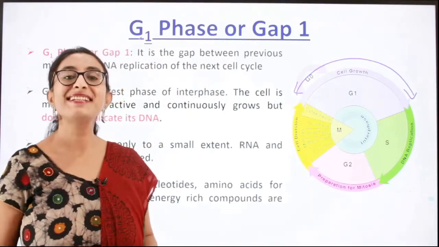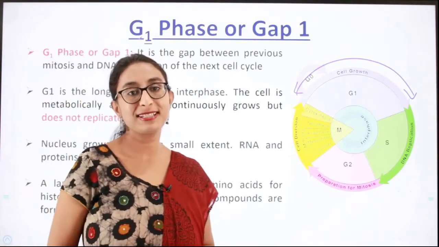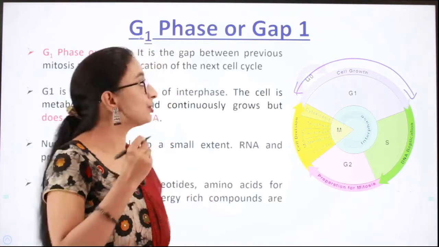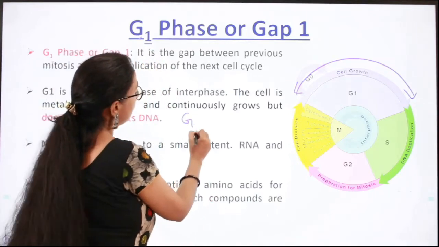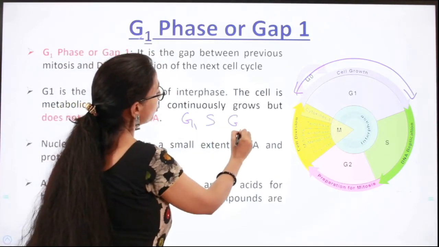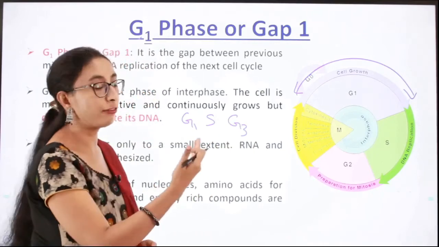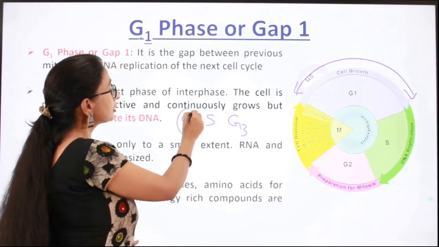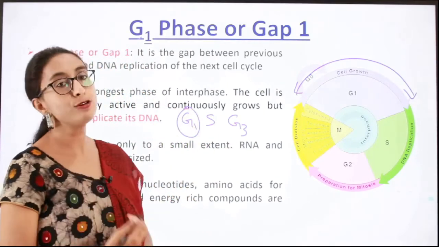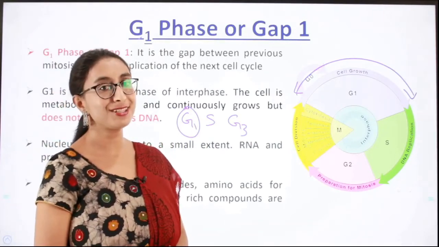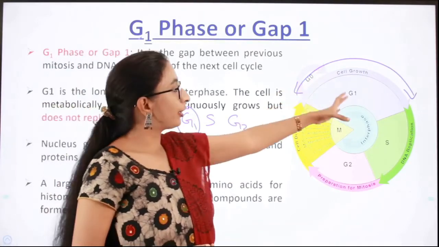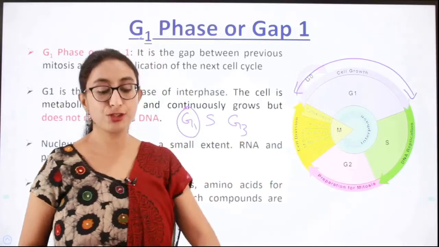The G1 phase is the longest phase of interphase. So under interphase we have G1, S and G2, three different phases. Out of that, G1 is the longest phase. So this can also be asked as a question in your examination. G1 is the longest phase during which the cell actually grows.